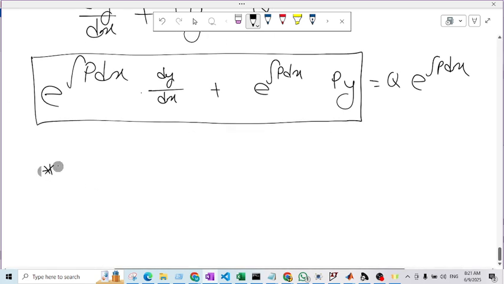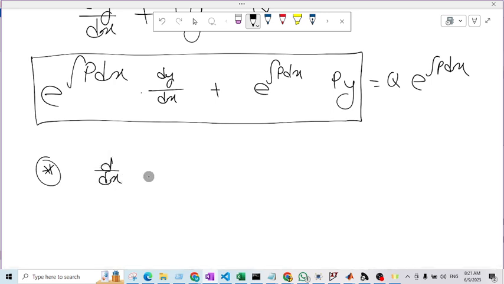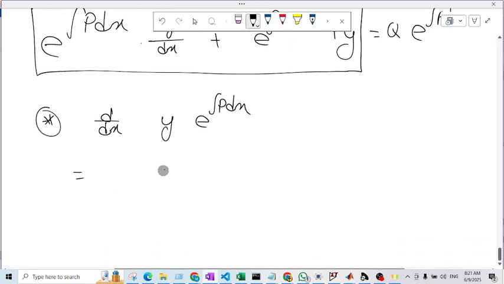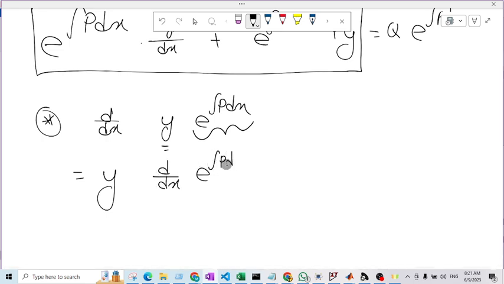To do this, I need to find the differentiation of y e to the power integral p dx, and see whether it matches with this or not. If I differentiate, first take y and only differentiate this thing, so you get d by dx of e to the power integral p dx, and then a plus. This is simply the uv rule. Then write e to the power integral p dx and only differentiate y, giving dy by dx.